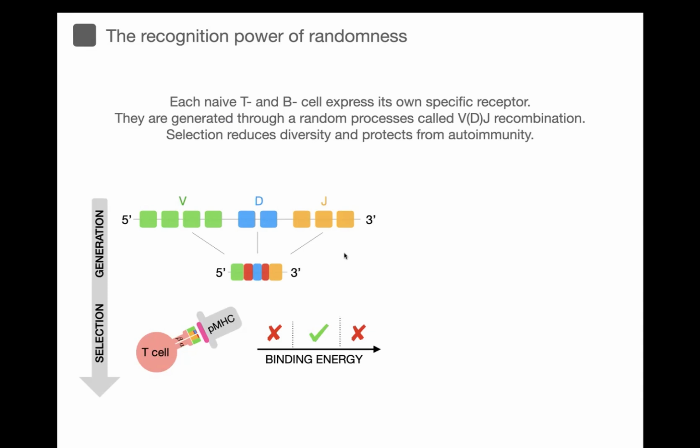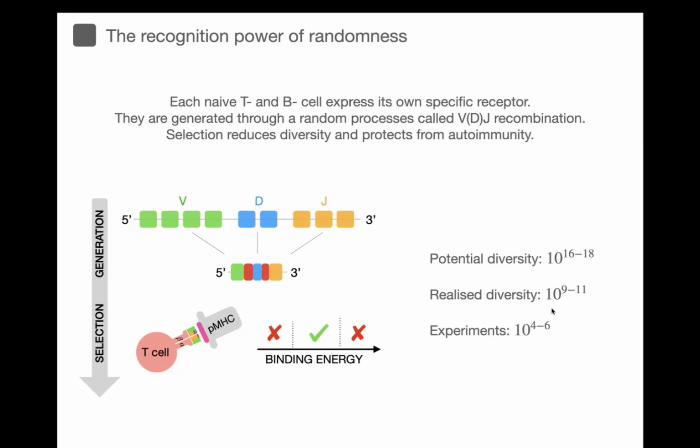If we try to characterize these two processes using a modeling-based approach, we're able to put some numbers to the whole thing. We know that the potential diversity coming from VDJ recombination and selection is around 10 to the 16, 10 to the 18 unique receptors. What we observe in a single individual is a subset, only around 10 to the 9, 10 to the 11.